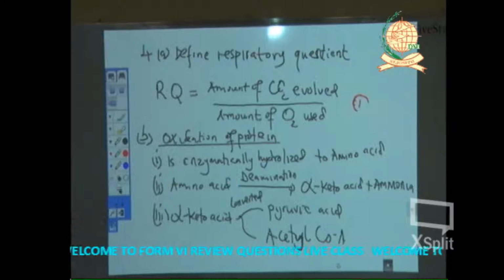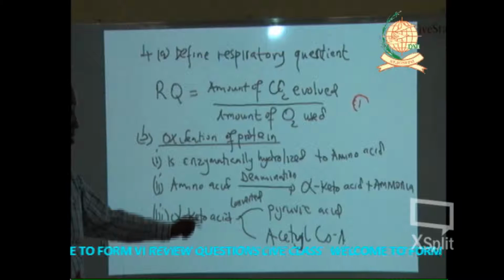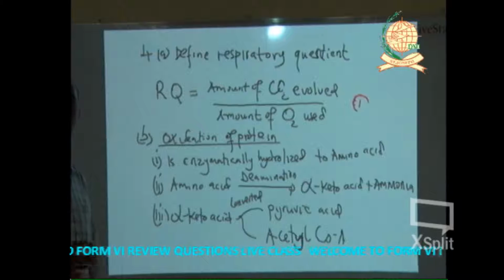The first is that it is hydrolyzed to amino acid. Then the amino acid undergoes deamination to alpha keto acid and ammonia.